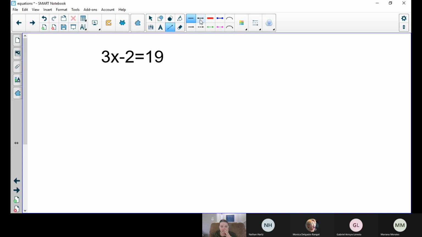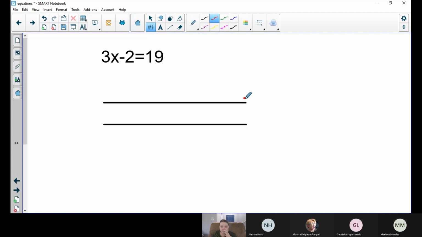So let me go ahead and get my number line in here. So here's my number line. And the first thing we want to do is put our 0 and 0x on here.